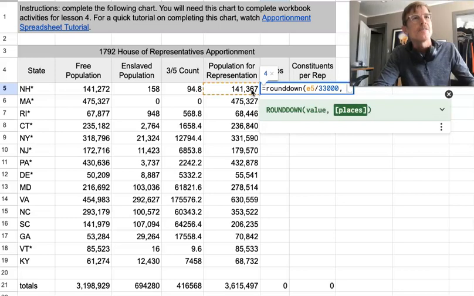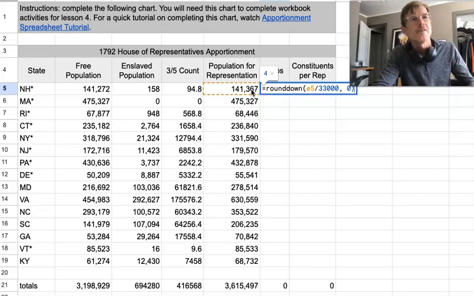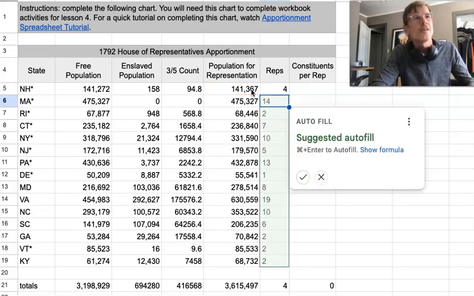And then we have to tell it how many places to round, and we're doing 0 places. So comma, space, 0, and then close the parenthesis. And New Hampshire would get 4 representatives.